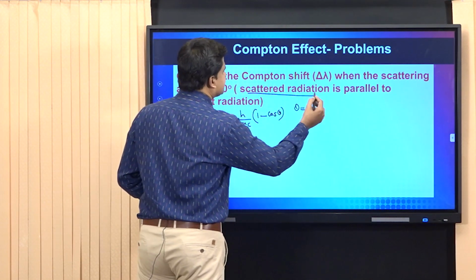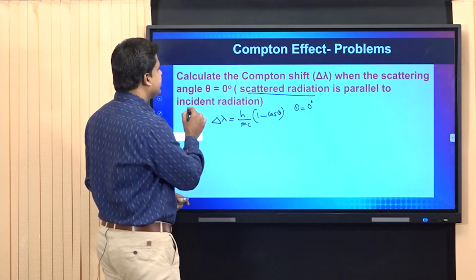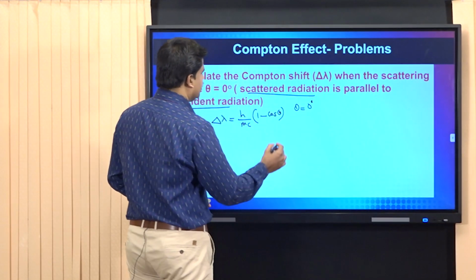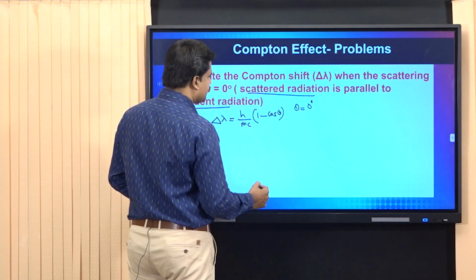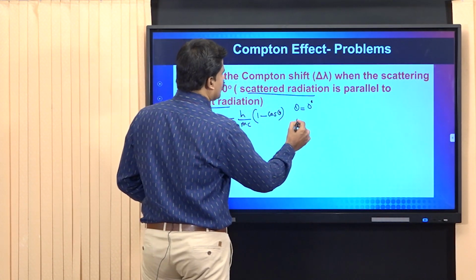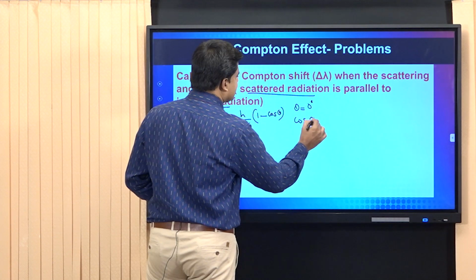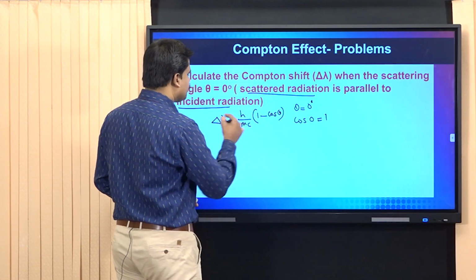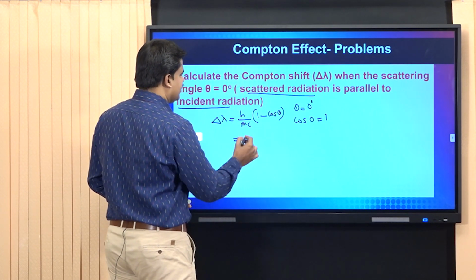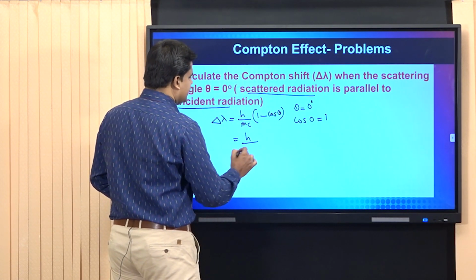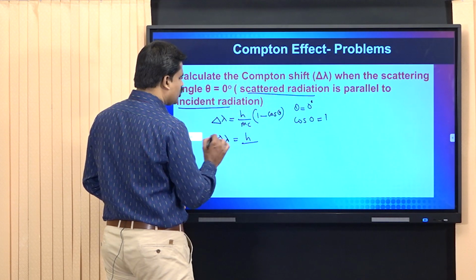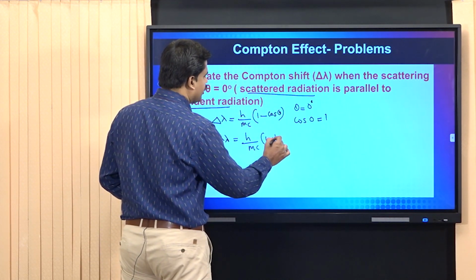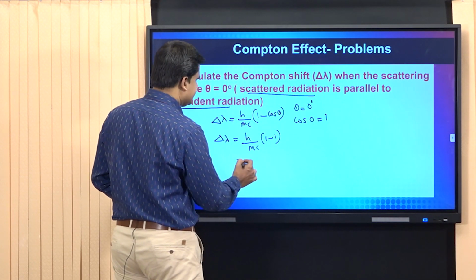This situation is that the scattered radiation is parallel to the incident radiation. And it should be noted that cos 0 is equal to 1. On substituting this, we get delta lambda equal to h by mc into 1 minus 1. That is 0.